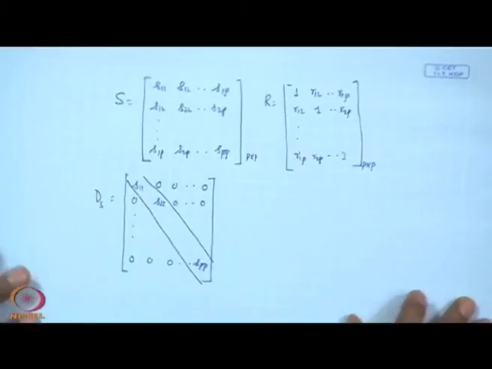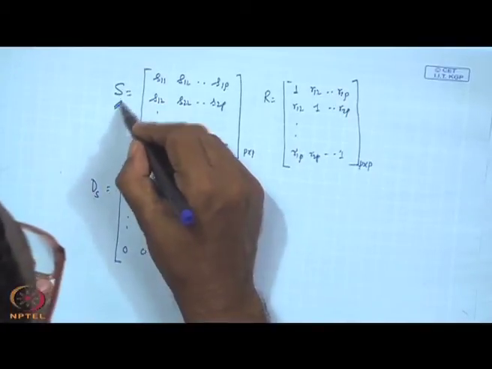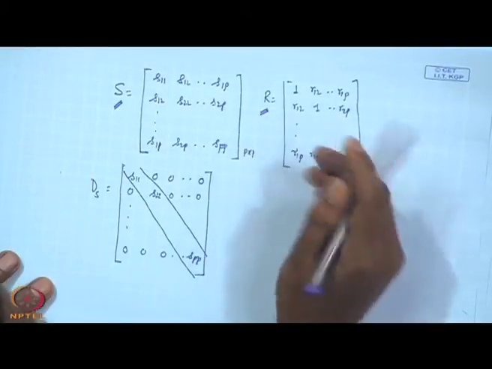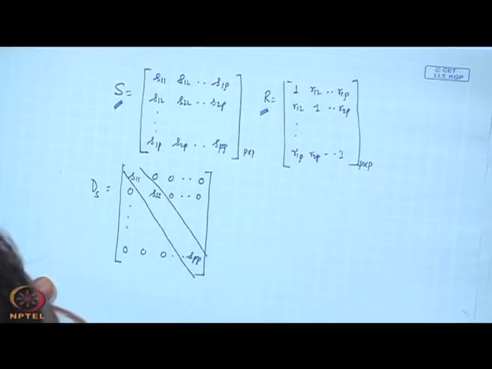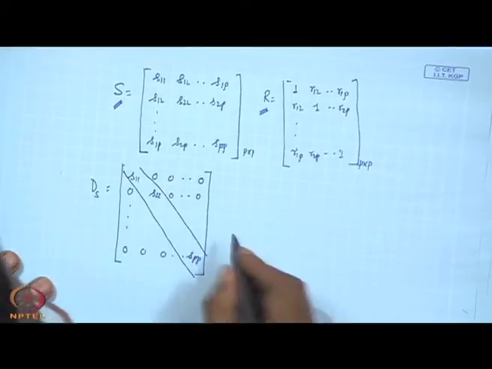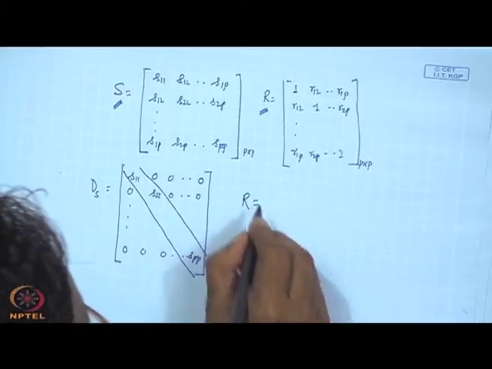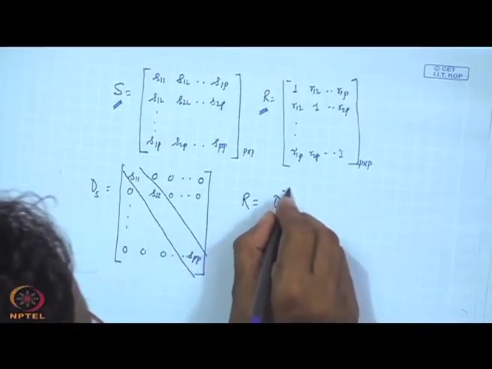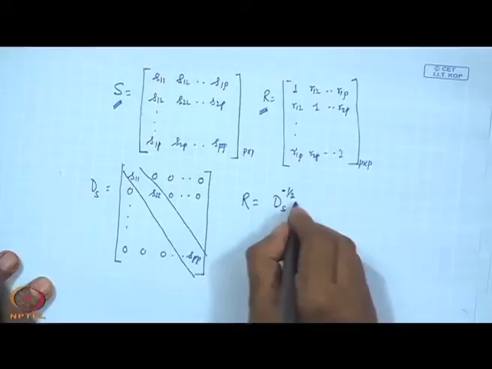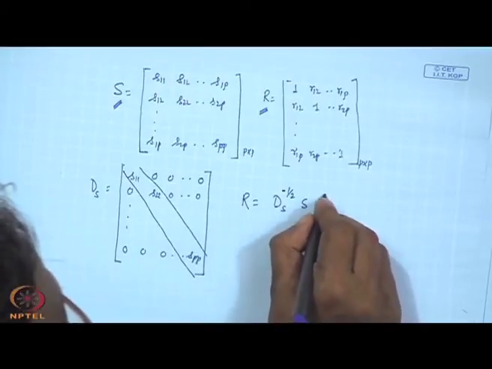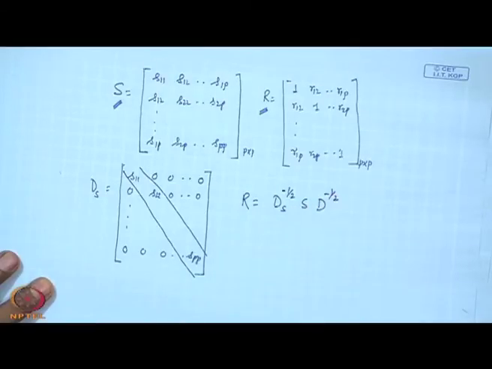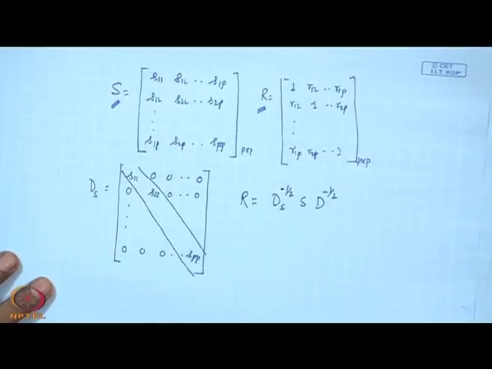If you create like this, then suppose you know S, you can with one click find out that R is DS to the power minus half, S, DS to the power minus half.